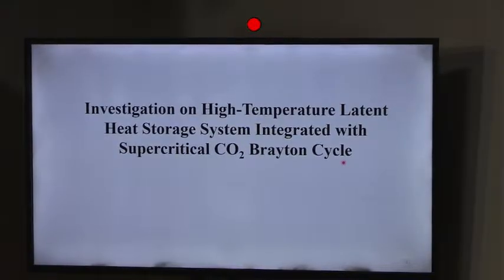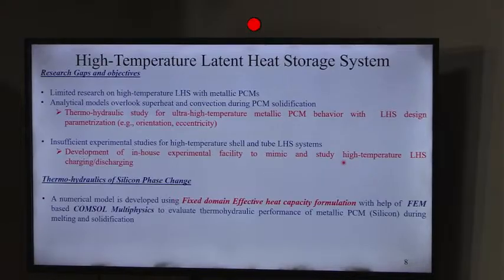So how this CO2 cycle can be coupled with a high temperature thermal storage is the study which we have done. We have taken silicon. A closer example of silicon is sand. You know what sand is; you have seen it everywhere. Sand melts at a very high temperature, some 1000+ degrees centigrade.